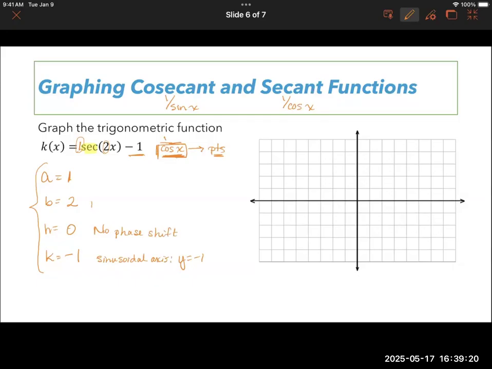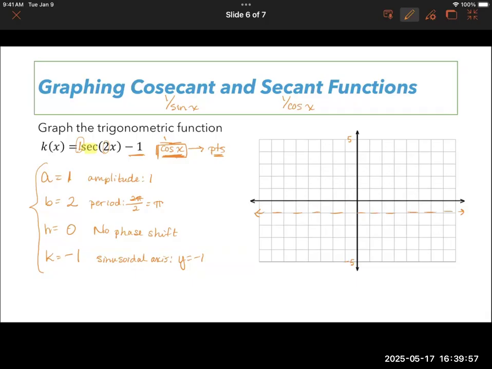We are going to have a period that is 2 pi over 2, which will be pi units, and our amplitude will just be 1. Okay, so again, I'm just going to use units of 1 here. Which means my new sinusoidal axis will be there.